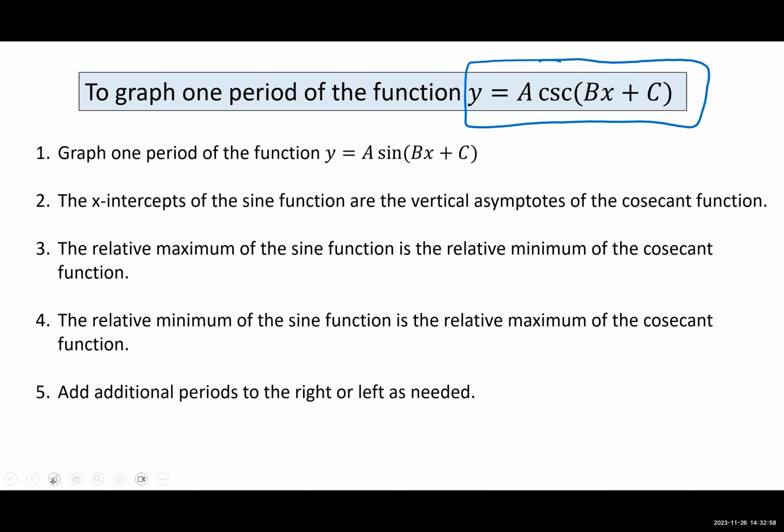So if we look at step number 1, to graph the cosecant function, the first step is actually to graph a sine function, because these two are very much related to each other. So to graph a cosecant, we start off with a sine function. Wherever the sine function has an x-intercept, the cosecant function has a vertical asymptote.